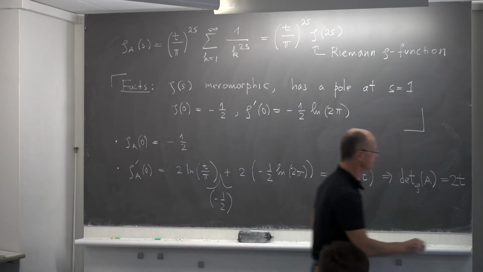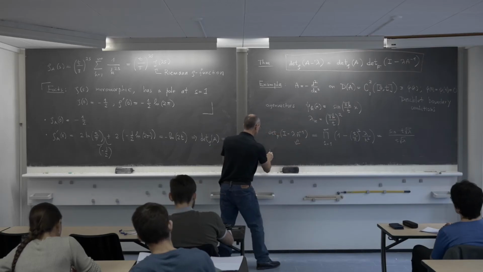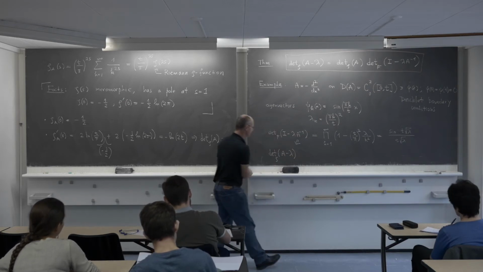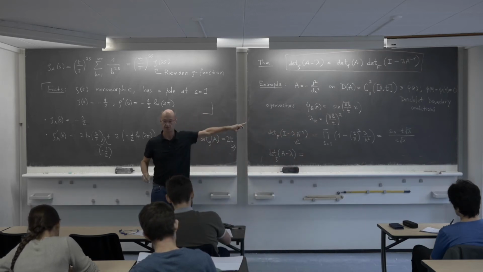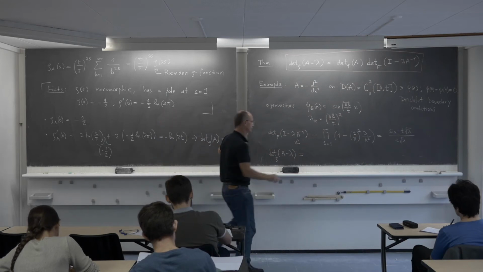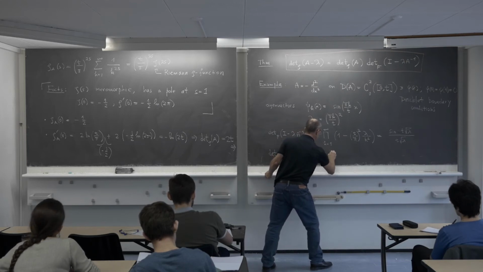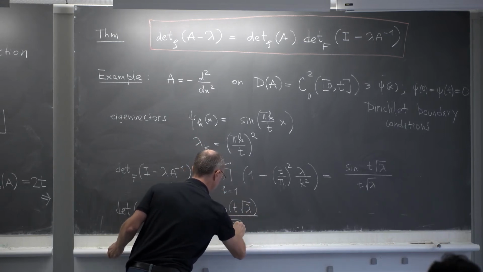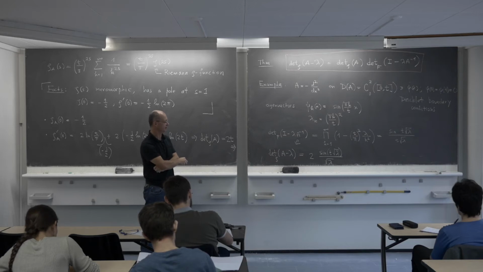And finally, from these two formulas, we get the zeta-regularized characteristic determinant of A minus lambda. This is equal to the product of these two expressions, and this is twice sine of t square root of lambda divided by the square root of lambda.